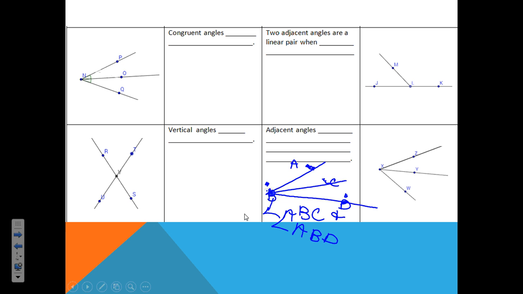That's the one above adjacent angles. So this is linear pair: two adjacent angles are a linear pair when their non-common sides are opposite rays.